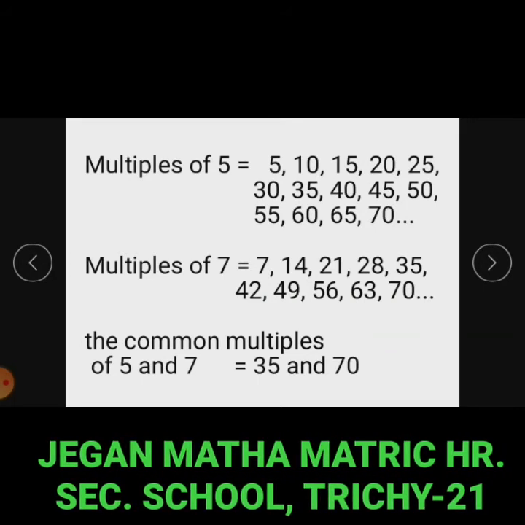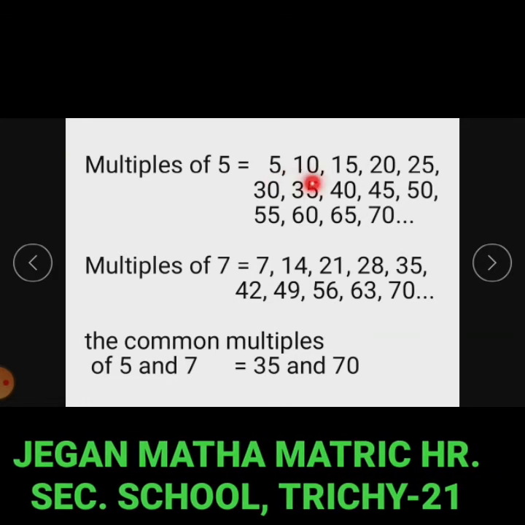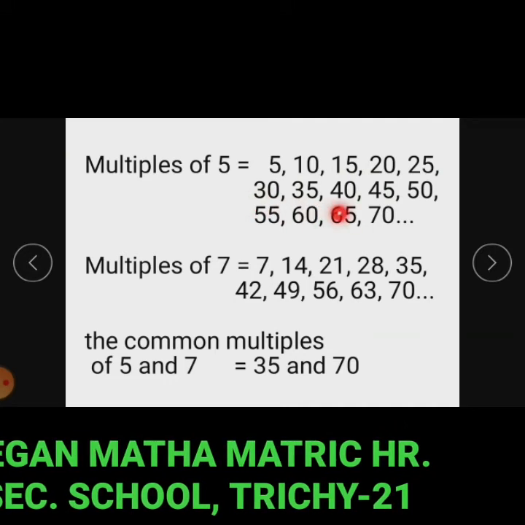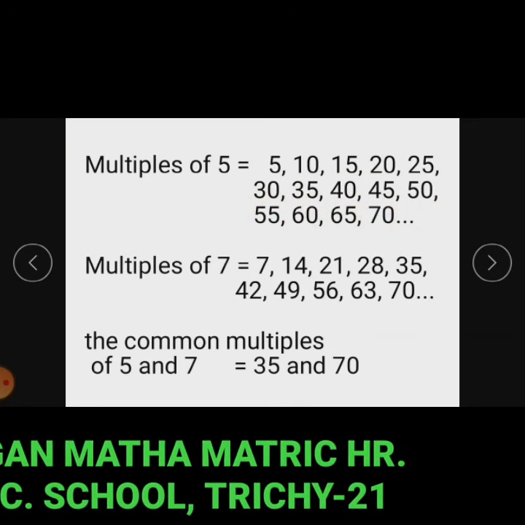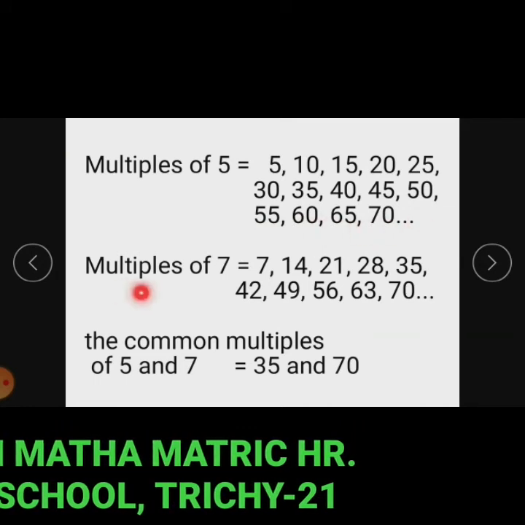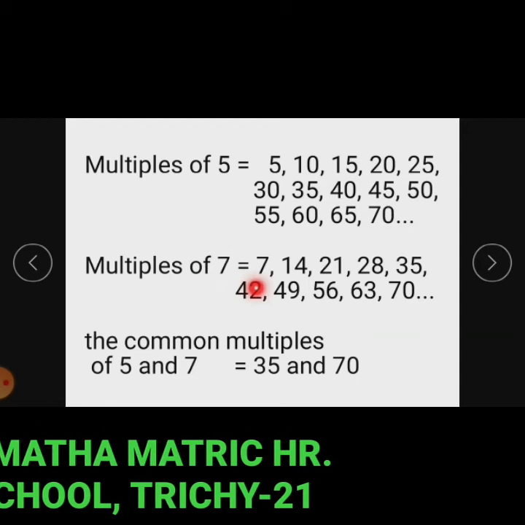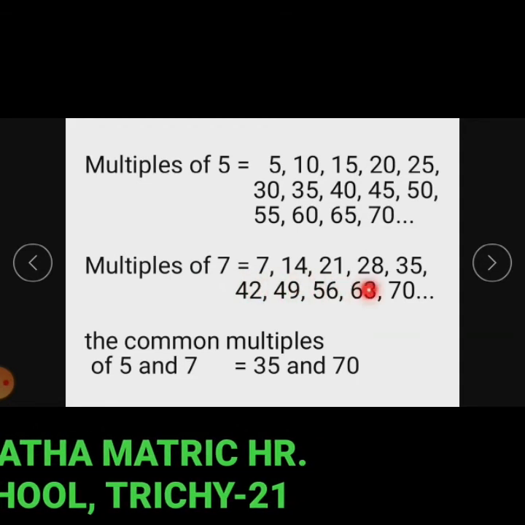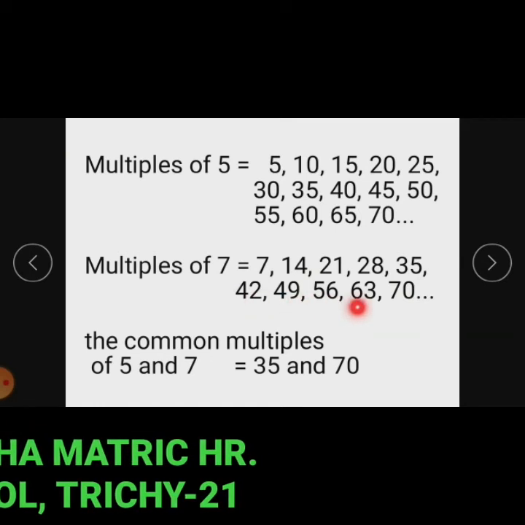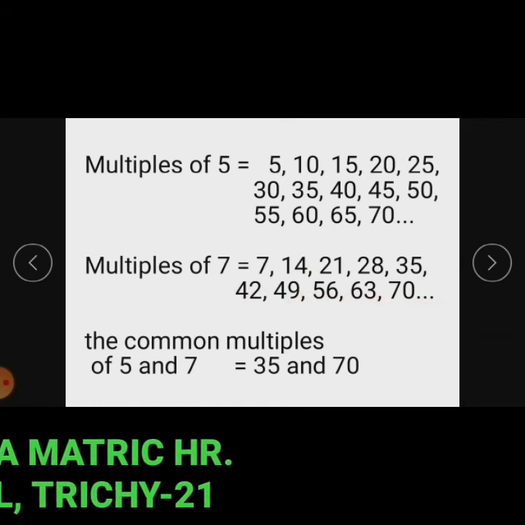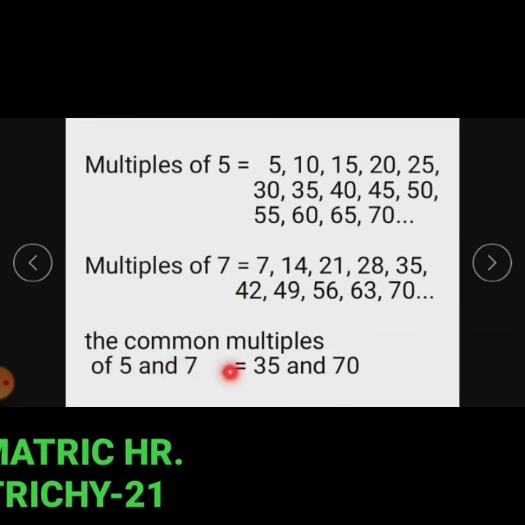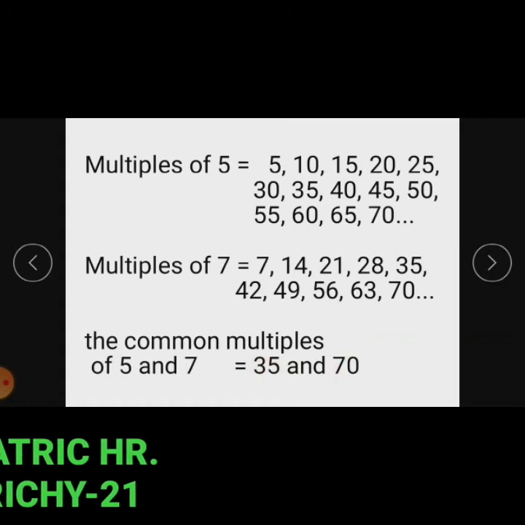Multiples of 5 equal 5, 10, 15, 20, 25, 30, 35, 40, 45, 50, 55, 60, 65, 70, etc. Multiples of 7 equal 7, 14, 21, 28, 35, 42, 49, 56, 63 and 70, etc. The common multiples of 5 and 7 equal 35 and 70.